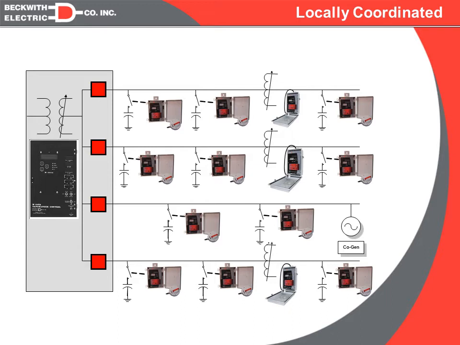The goal really is to have as few settings as possible, because we don't want to have to dispatch a lot of engineers or technicians to commission all these controls. What we'd really like is a control with an auto-adaptive algorithm where you just plug it in, it learns the system, and it automatically coordinates with other devices. And we'll talk more on that in one of the upcoming sessions.